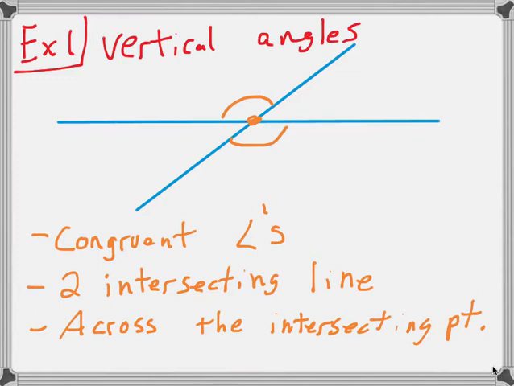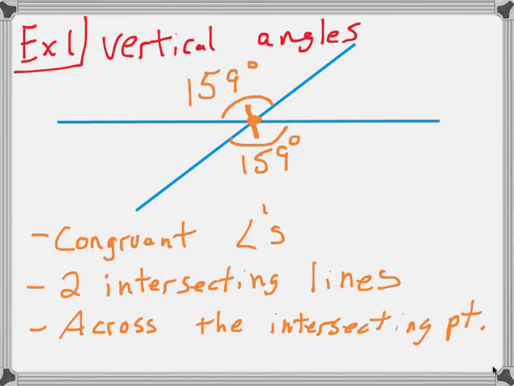So if I wanted to say that this angle was 159 degrees, I'm just spitting out random numbers, the angle across that intersection point is also 159. So, vertical angles are congruent. It takes two intersecting lines and their intersection point to form vertical angles, and we can use this to help find missing angle measures.